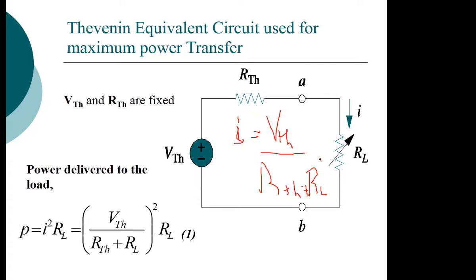That will be the value of the current that flows when the load is connected. And so we can say power is equal to V Thevenin over R Thevenin plus RL, squared, multiplied by RL, right?